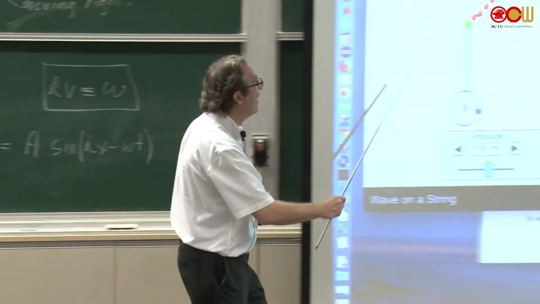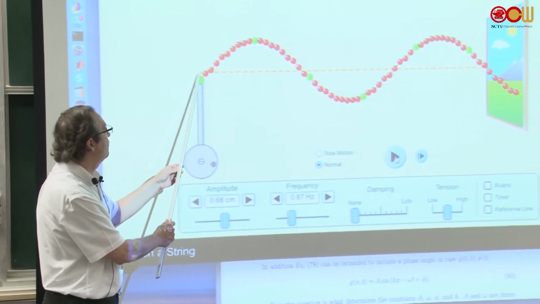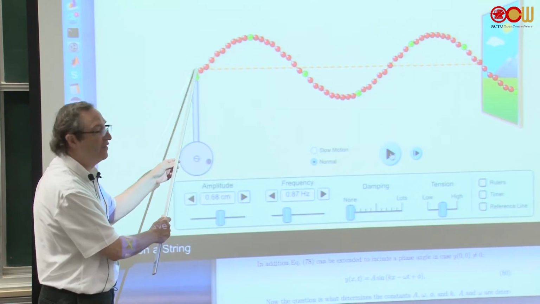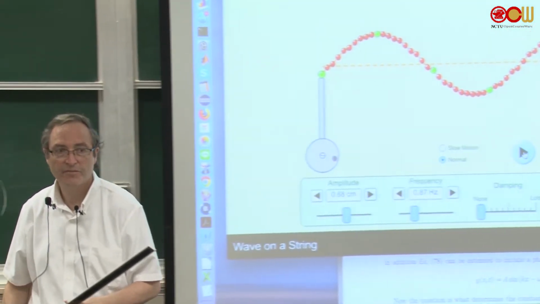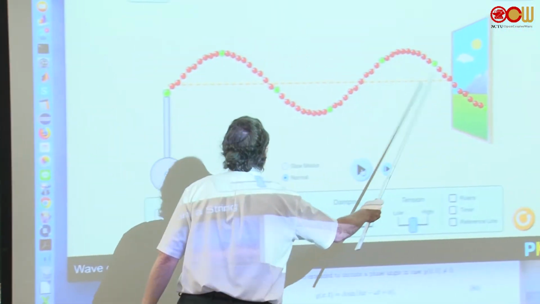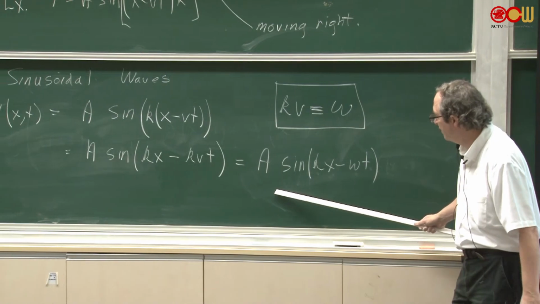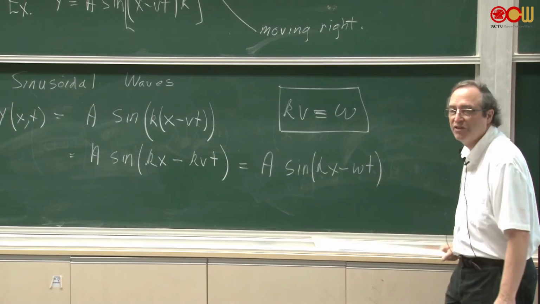And this, in fact, looks like a sine wave, because at x equals 0 the wave is 0. So this wave is described by this function at t equals 0.